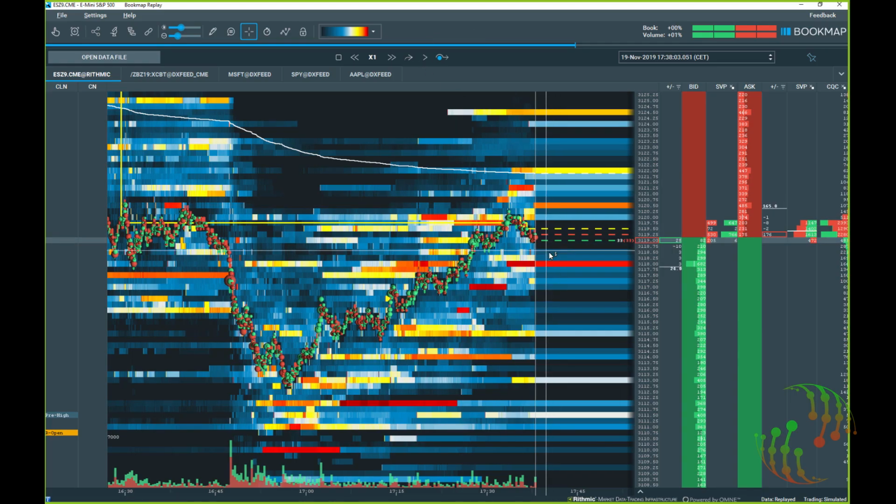What is happening here? What's this one? The liquidity on the bids.